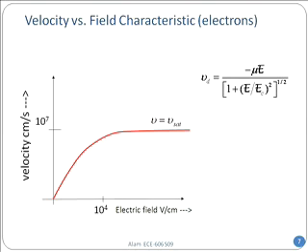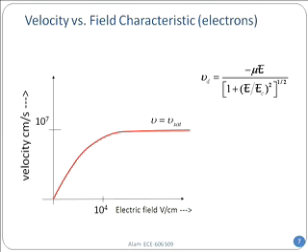Now, do you see how this formula might work? One case is if the electric field E is small. You can see in the denominator E divided by EC, where EC is the critical field, this 10 kilovolts per centimeter.